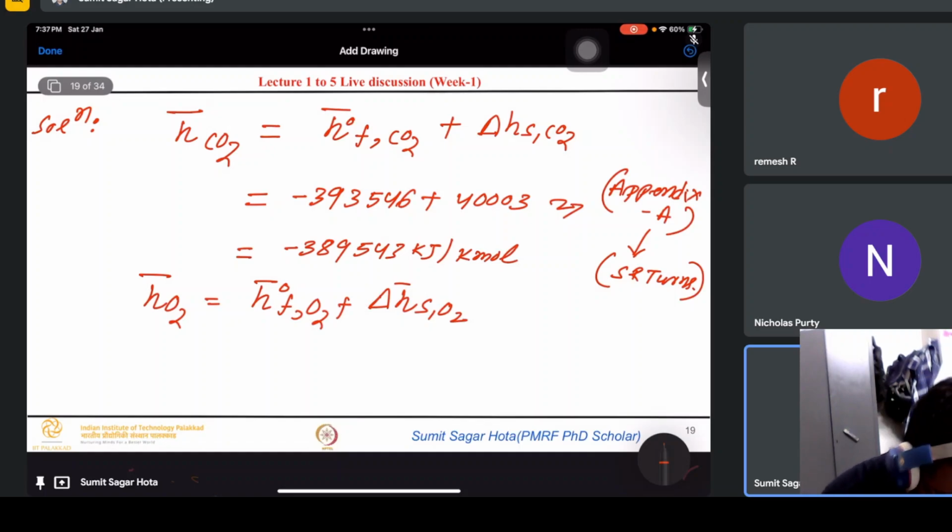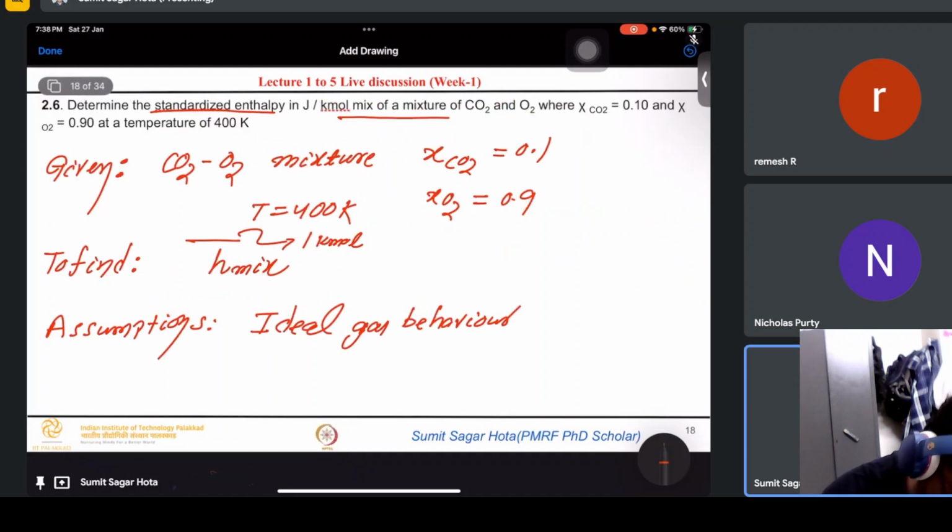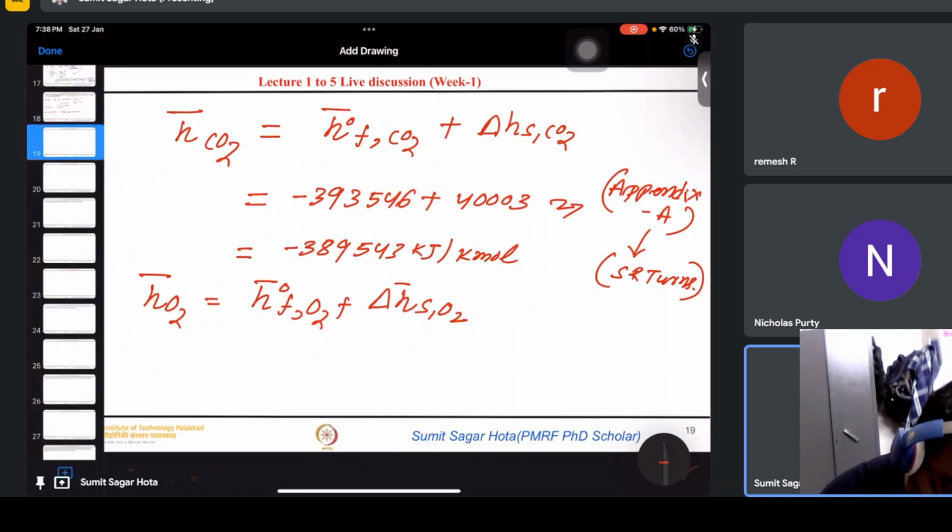So we have to supply some heat to the carbon dioxide, and again to raise the temperature to 400 Kelvin, as mentioned in the question, an enthalpy rise will be there.